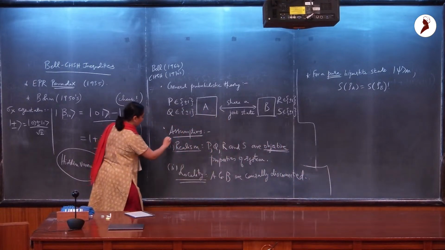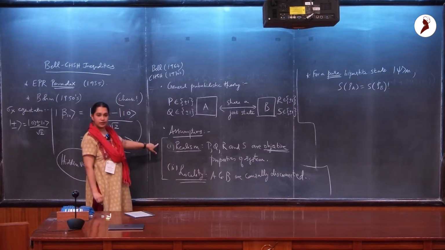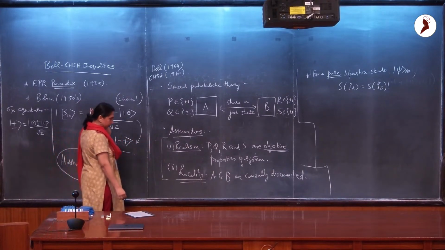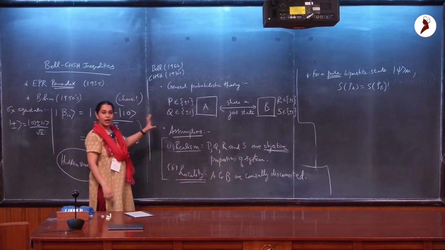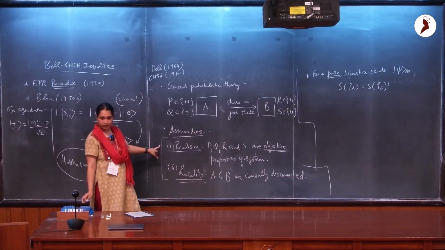So basically one is assuming this physical theory to be a local realistic theory. Note that one is not saying anything about hidden variables. There could be hidden variables, whatever it is, but the ultimate theory is a local realistic theory.